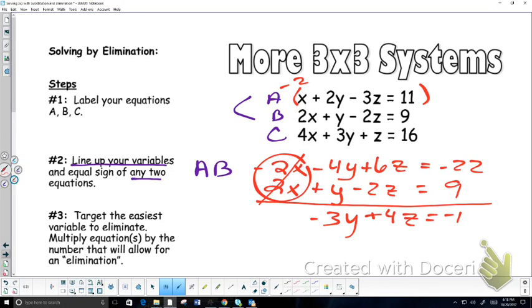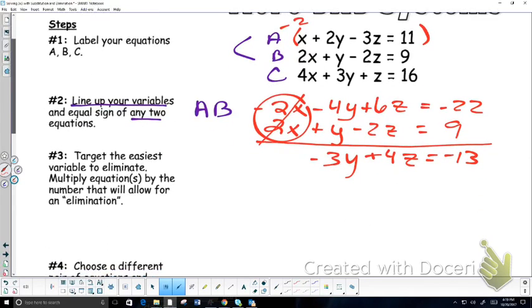Okay, so that was my AB. Now we need to do it again, but we have to choose two different equations. So this time, once again, it's up to you, except that you must still eliminate the x.